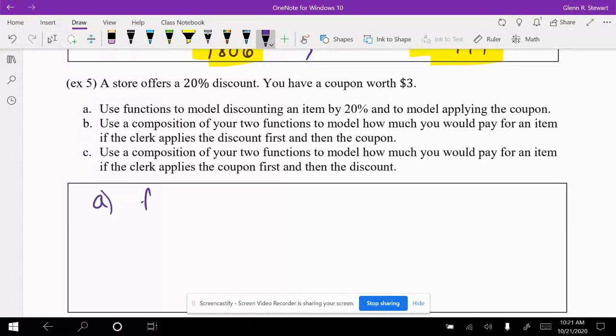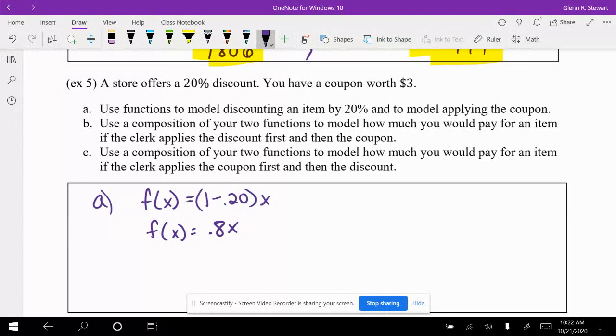I'm just going to label it f of x. So we're going to say f of x is equal to, the store offers a 20% discount. So that's really like saying that I have 1 minus 0.20 times x, which really is f of x is equal to 0.8x.